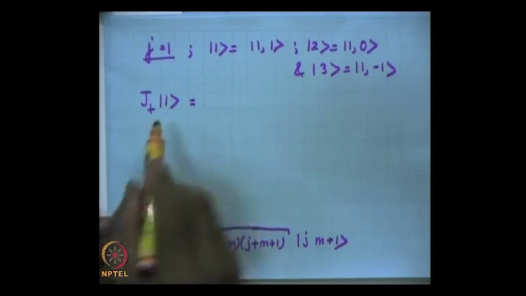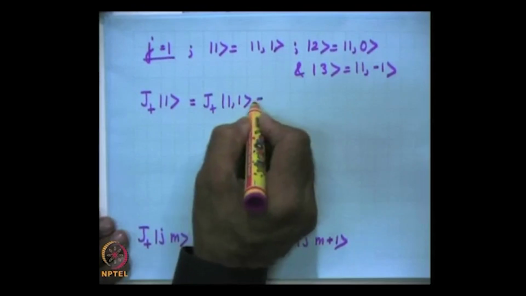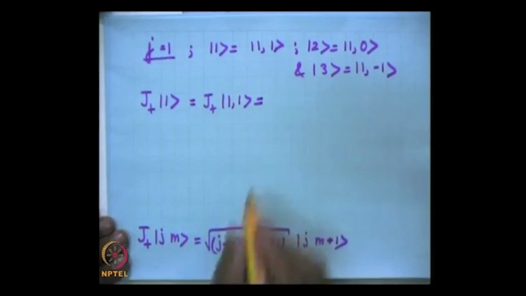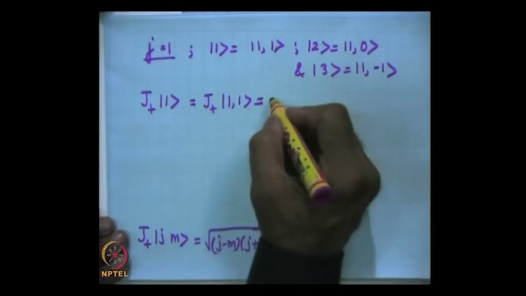So, J plus on ket |1,1>: j is 1, m is 1, so this is a null ket.